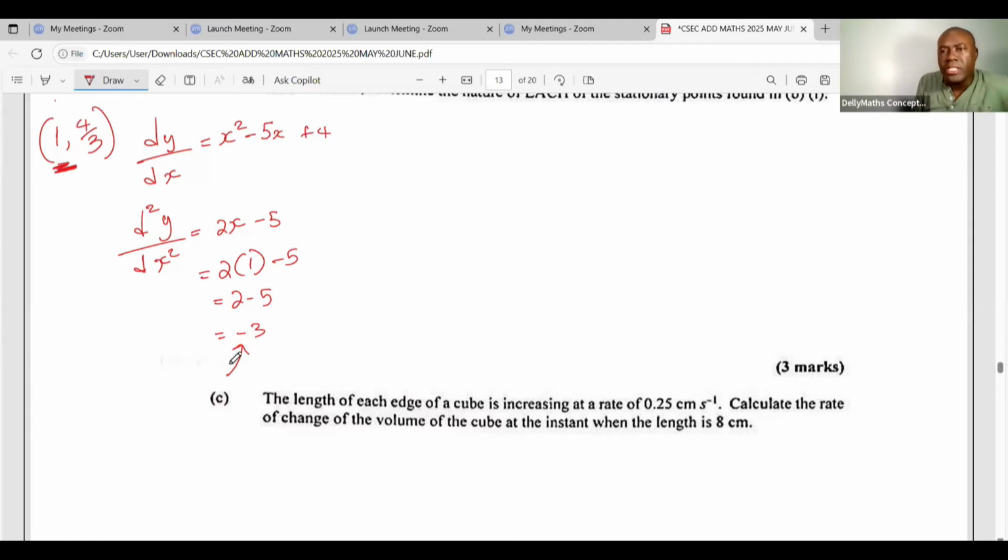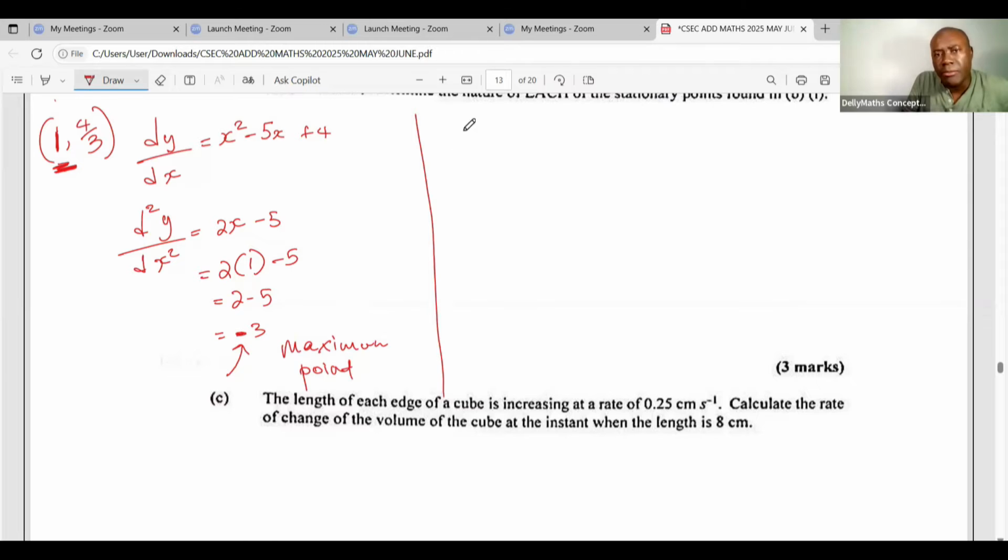And if your double derivative, when you substitute your x value, which is the x value at the stationary point, in the double derivative is negative, that means that this point here is a maximum, right? So this is a maximum right here. So we have a maximum point there.